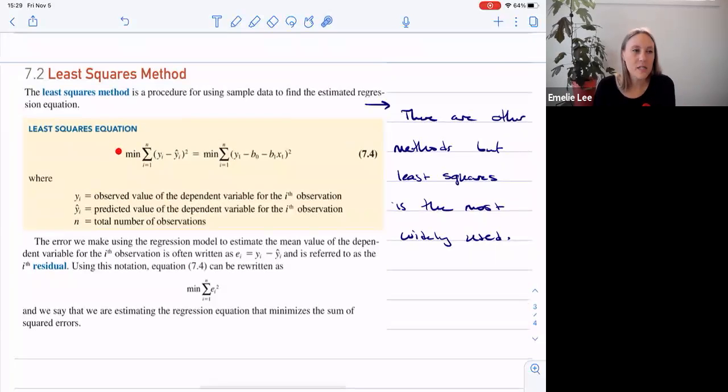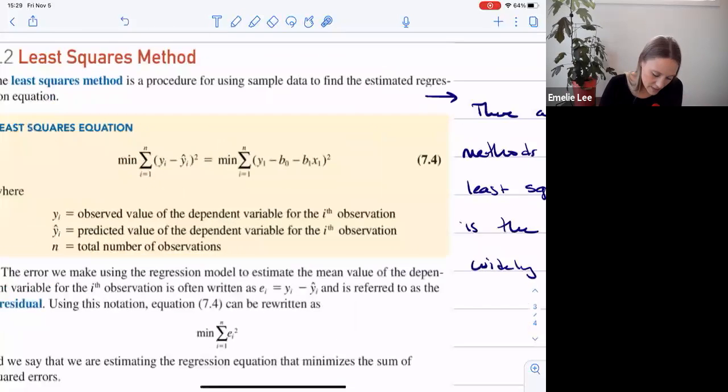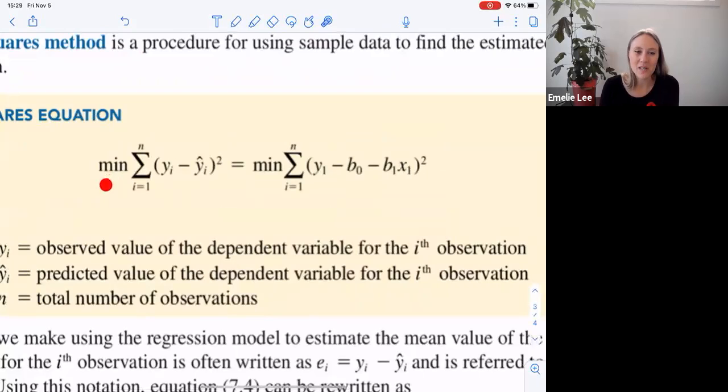So the least squares equation minimizes the sum of the differences between the observed y and the predicted value of y, and then we square them. The least comes from the minimum, and the squares comes from the squared values.